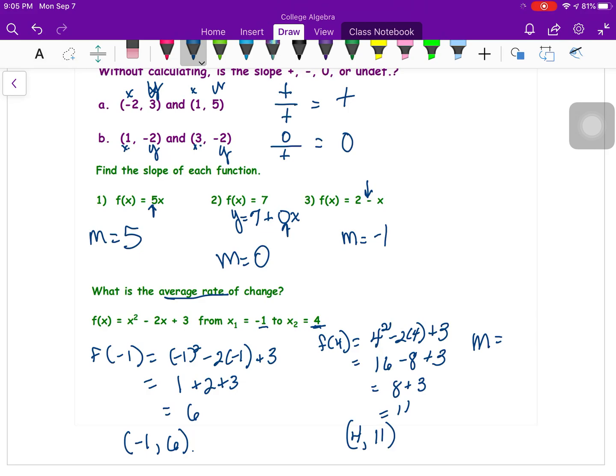So between these points, on average, what is happening? Well, my y's go from 6 to 11. My x's go from negative 1 to 4. That gives me 5 divided by 5, a slope of 1. So on average, between these 2 points, they're increasing, rising by 1 unit.